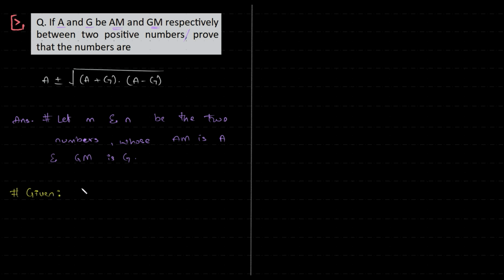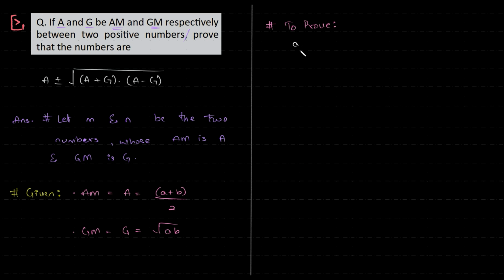So we have been given that the arithmetic mean, which is equal to A, is (M plus N) by 2, while the geometric mean, which is equal to G, is the square root of MN. So this is all the information that is given.